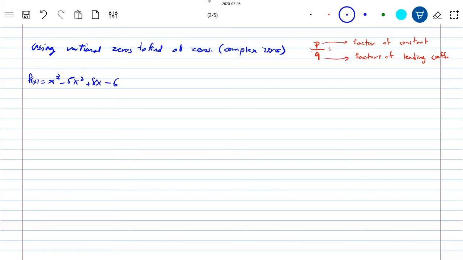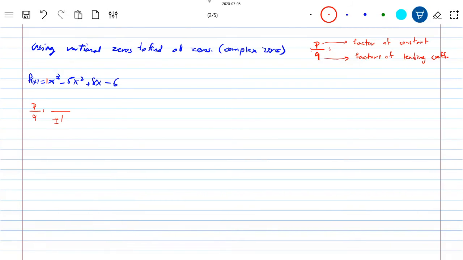So what you do is first try to use the rational zero theorem. It means find all the possible rational numbers that could be zeros of f. So create that P over Q and ask, what are the possibilities for Q? Q is the coefficient of the leading term, in this case 1. So what are the possibilities? It could be plus or minus 1. That's the only possibility.